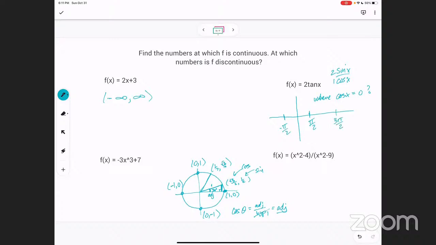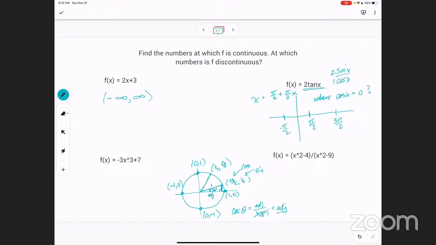Basically, where is this discontinuous? It's discontinuous anywhere where x equals pi over 2 plus pi k, where k is an integer.